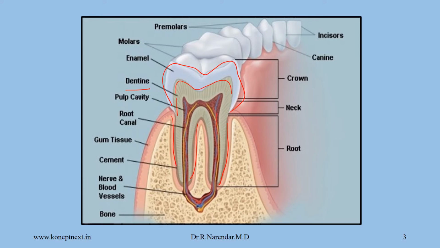This is the root canal where the nerves and the vessels goes into the tooth. Normally the tooth has been classified into the crown part, the root part, and the middle part is called as neck.